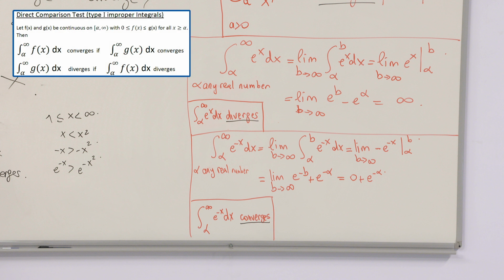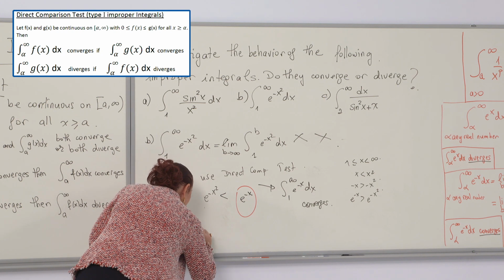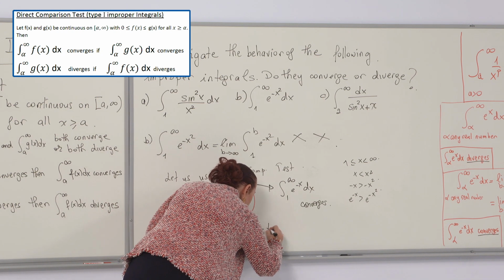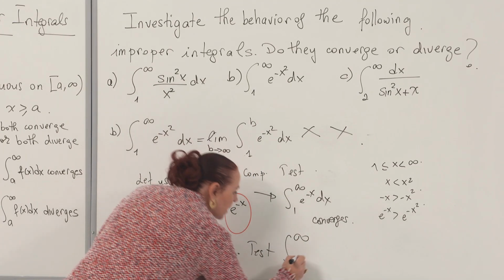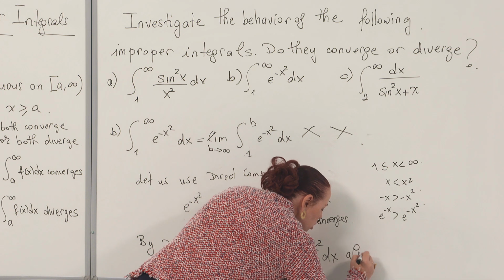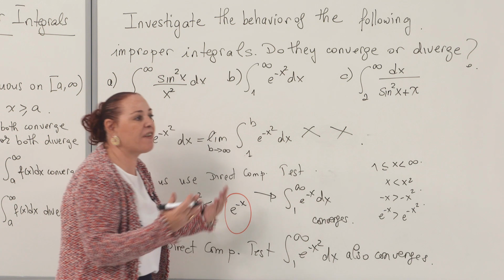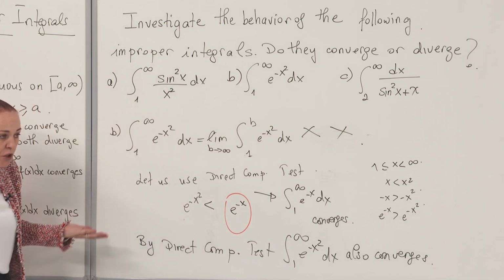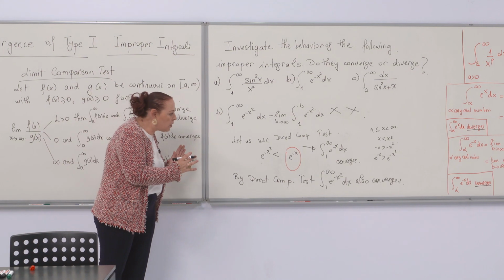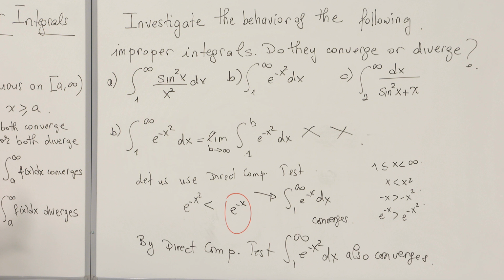And this is smaller, so that means by the direct comparison test, the integral from 1 to infinity of e to the power minus x squared dx also converges. But to which value it converges, it's an unknown for us. We only know that it is a convergent improper integral.